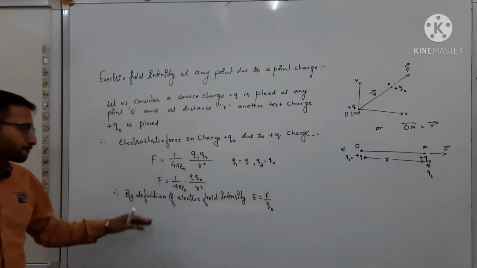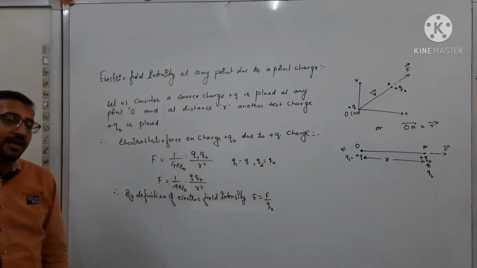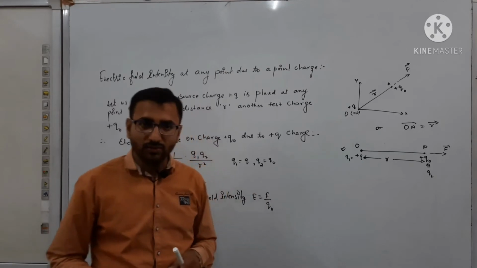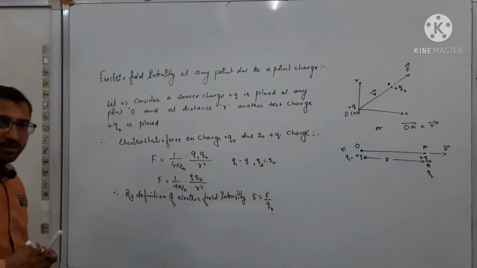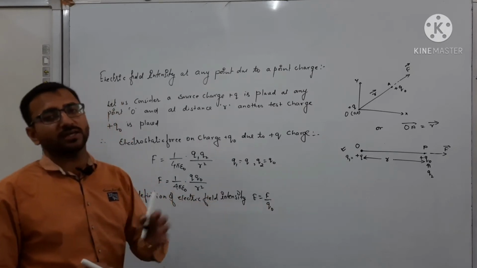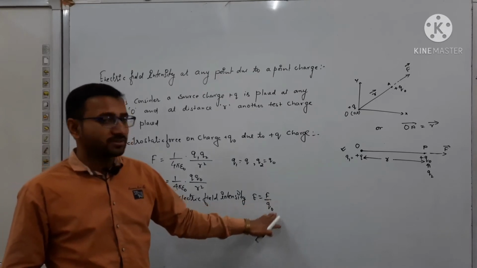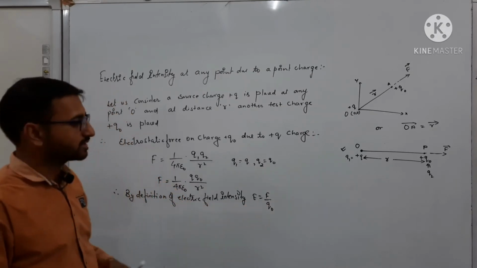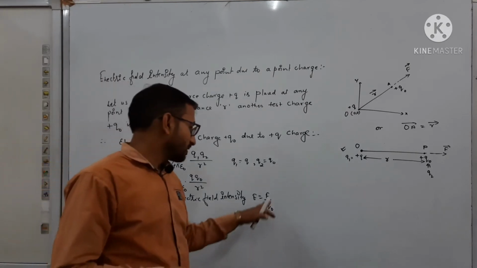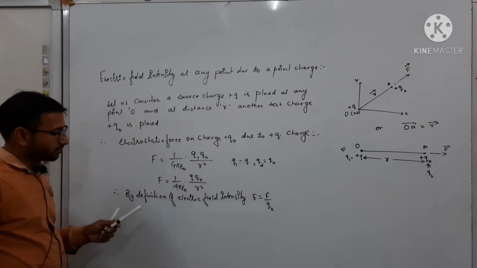The electric field intensity at any point is the ratio of the electrostatic force at that point to the charge on which the force acts, or you can say the force per unit charge, the force acting at a certain distance due to the source charge, per unit charge, is called electric field intensity.